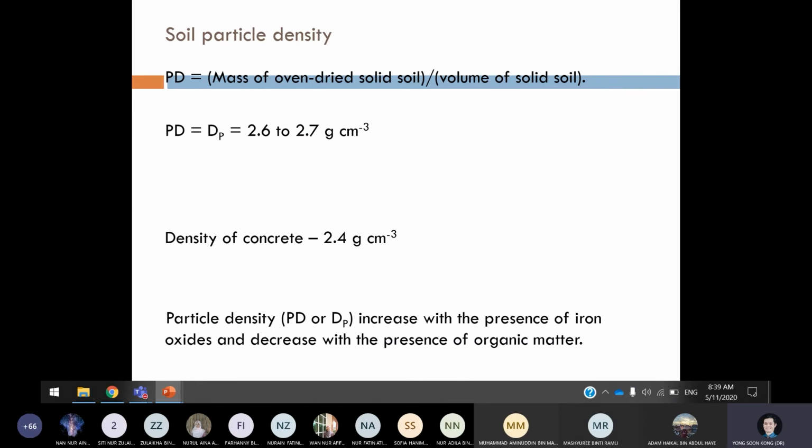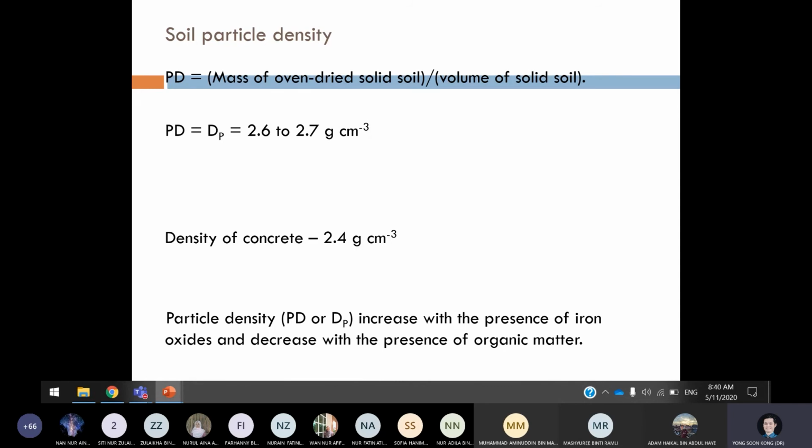So remember, for determining particle density, the soil after being collected will usually be first air dried. Air dried means you just put it in one corner, use the room temperature and let it dry first, but it's not completely dry because there's still some trapped moisture inside the soil.